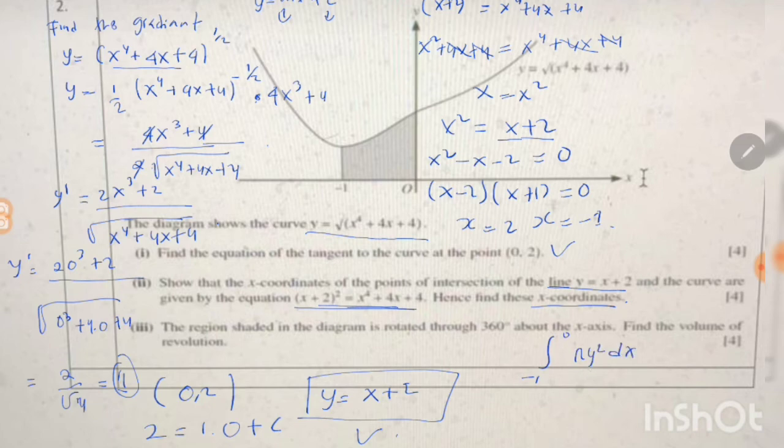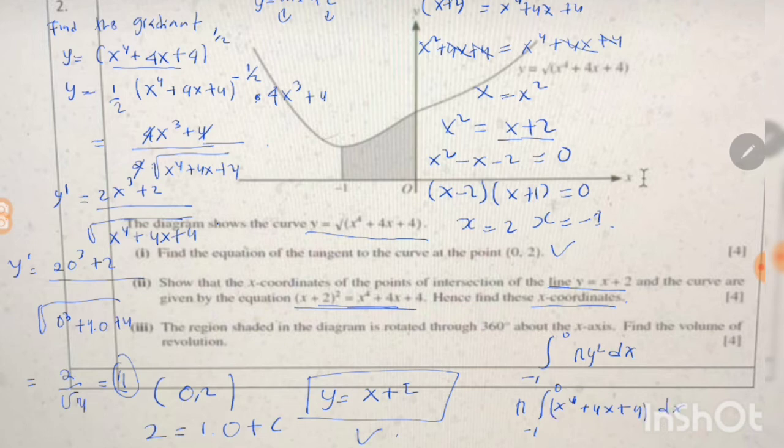Our y equals a square root, so y² means the square cancels the square root, and it's only x⁴ + 4x + 4, and then this is for the dx.